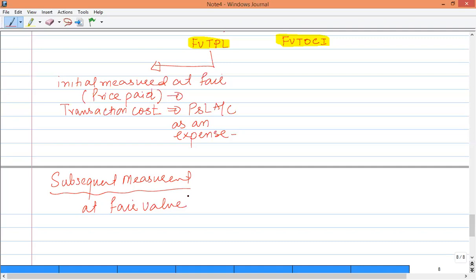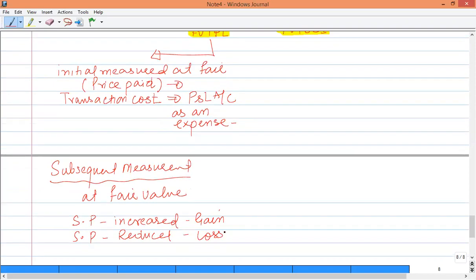In this scenario, if the share price increases, you have to recognize a gain on financial asset, and if the share price decreases, then there is a loss on financial asset. Any gain is reported in the profit and loss account as a gain, or if there is any loss, again it is recognized in the profit and loss account. So the treatment is like that.